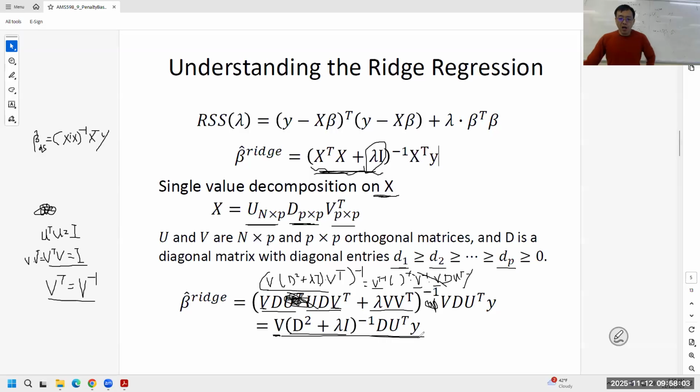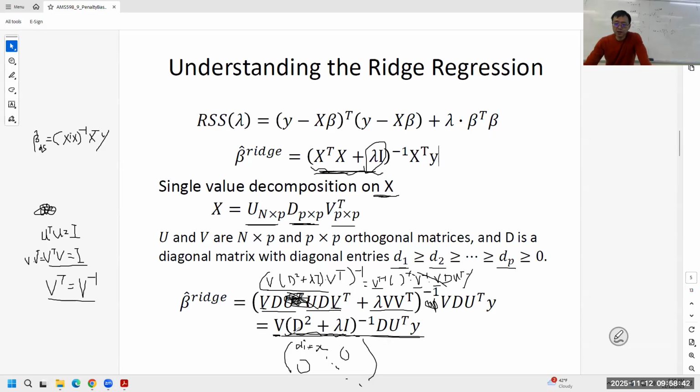Now, the inverse of D squared plus lambda I is very easy to do, because D is a diagonal matrix, right? I is also a diagonal matrix. So this matrix D squared plus lambda I is going to be D1 squared plus lambda for the first diagonal, and for the j-th diagonal it is Dj squared plus lambda, all the way, and the other entries are 0.